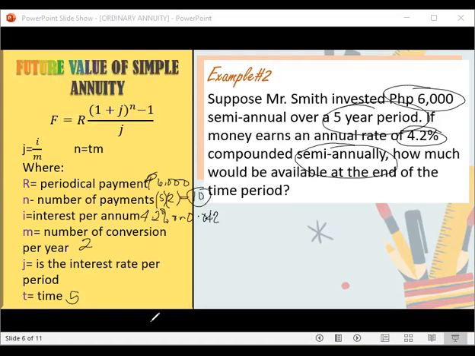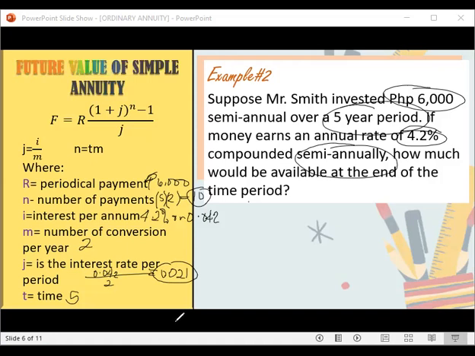So, our N is 10. Next, the last one is J. So, 0.042 divided by 2. The answer is 0.021. So, therefore, our given is complete.